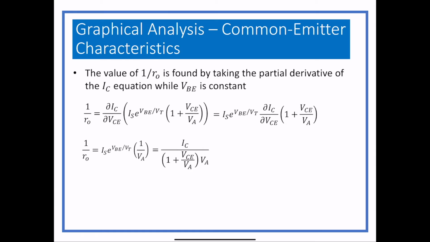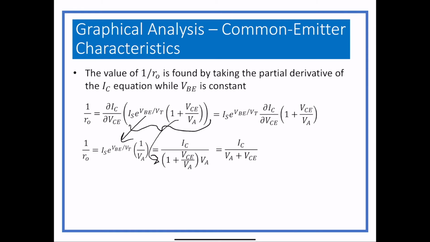All I did was take this whole thing, and this part relates here, and then this is on the bottom to make IC on the top. Once we've done that, we can multiply the lower part through by VA, and we end up with IC over VA plus VCE, which is very similar to what you did with MOSFETs.